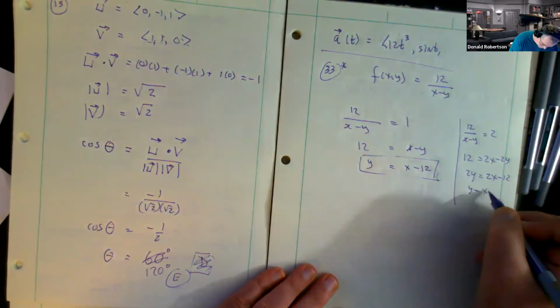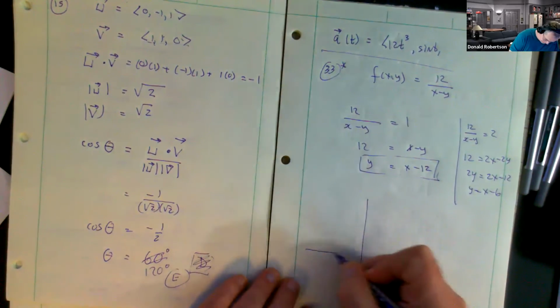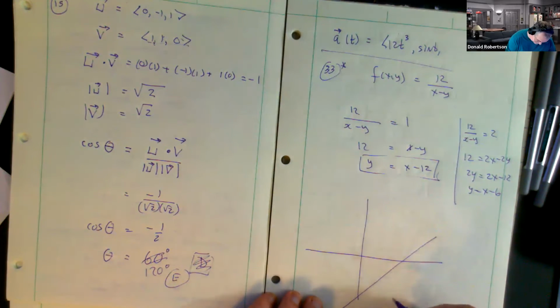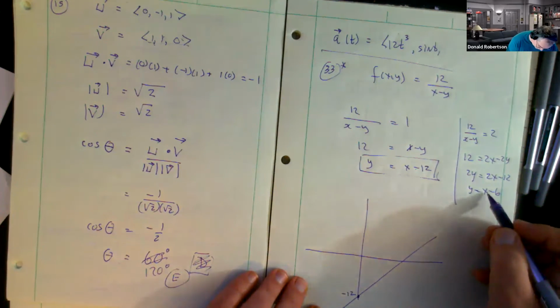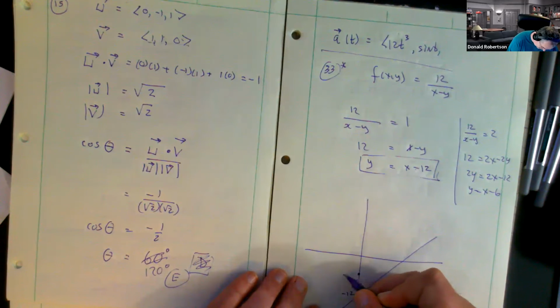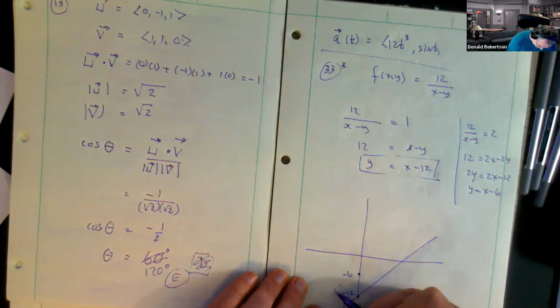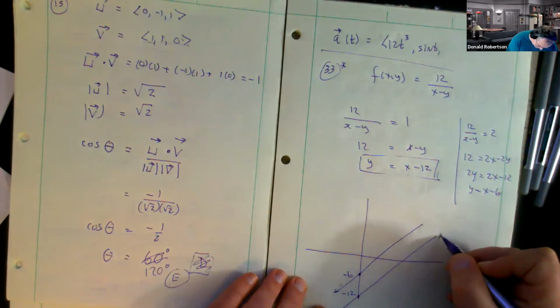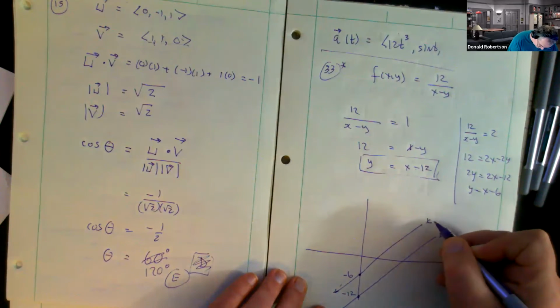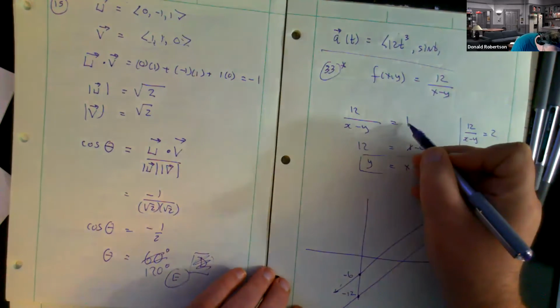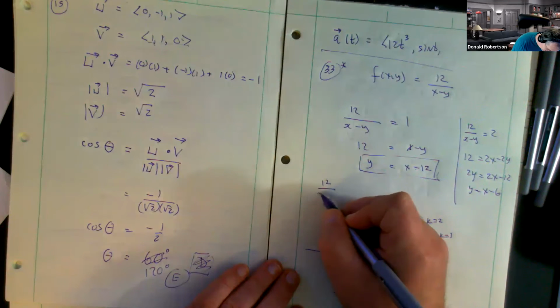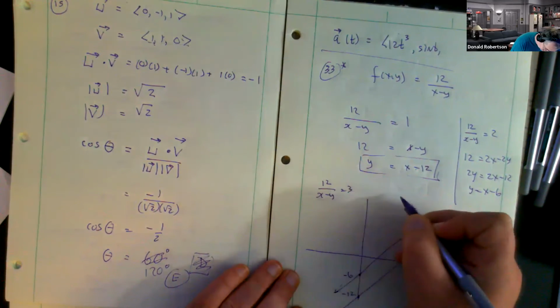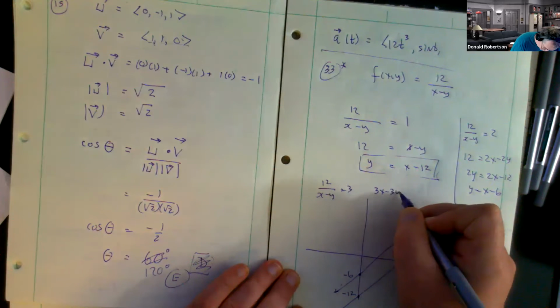And then you get y equals x minus 6. So imagine I draw a line with slope of 1 passing through the y-axis at negative 12. The next one is going to be passing through at negative 6 with slope of 1. So that would be k equals 1. That would be k equals 2. If you make this 3, you get 12 over x minus y equals 3. That gets you 3x, take away 3y is 12.